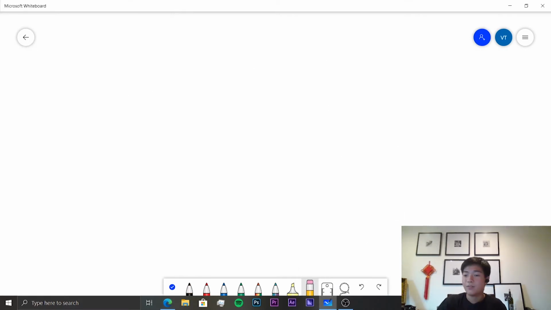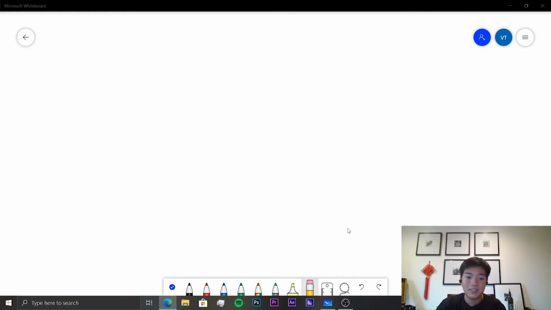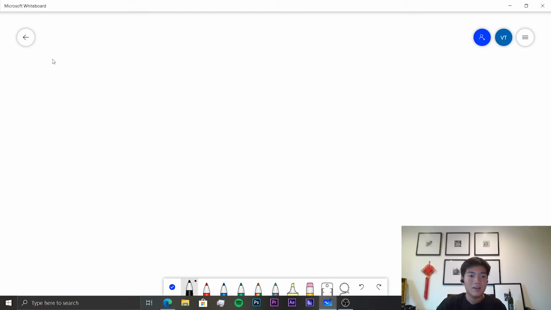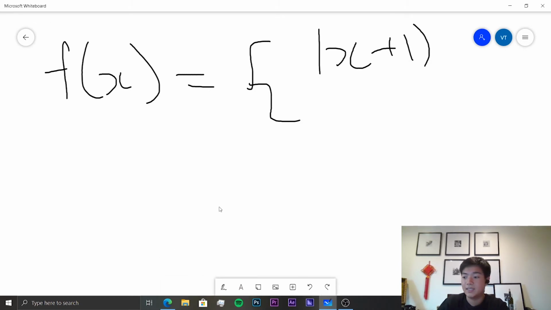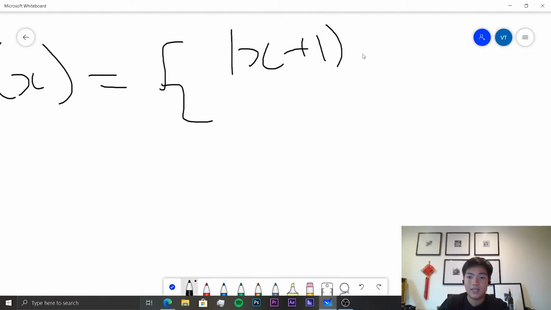And so now, for the final question of the speedrun today, first we define a function as the absolute value of x plus 1 when x is less than -1.